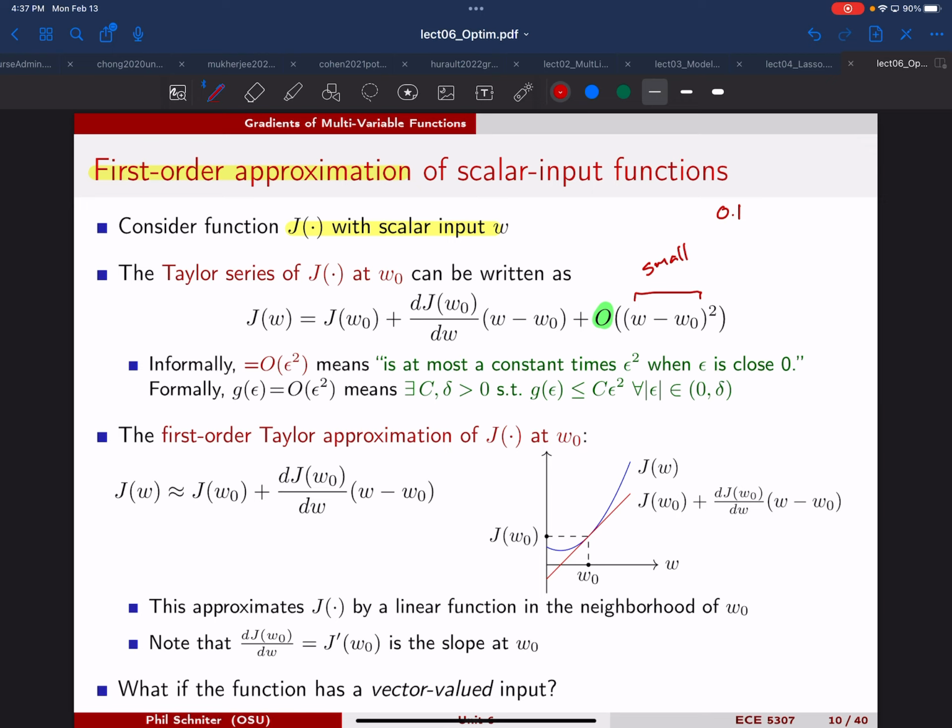If you cube it, what happens to it? Even smaller, right? So 0.1 is bigger than 0.1 squared, which is bigger than 0.1 cubed. And so when we think about this approximation in terms of deviations from the reference point, the cubic term and the quadratic term, those things are just smaller and smaller.